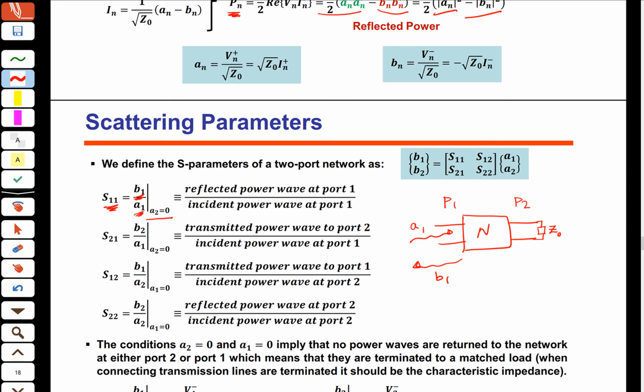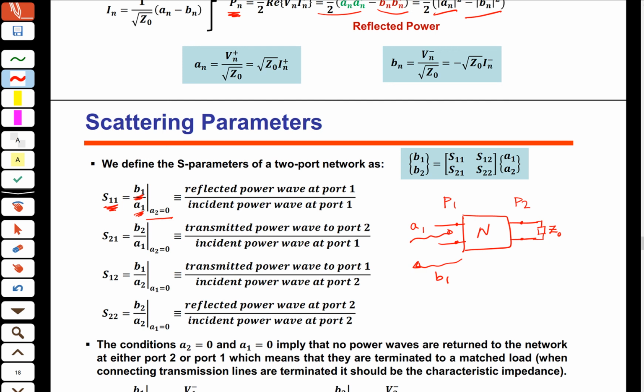So for the Z network, we open the port because we said that no current should come. For the Y network, we short circuit because we said that no voltage should be at the port, and then we calculate, for example, the Y parameters. For the S parameters, you match, to make sure that there is no power coming from the other port.